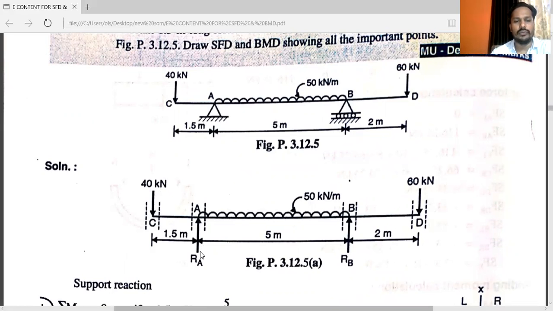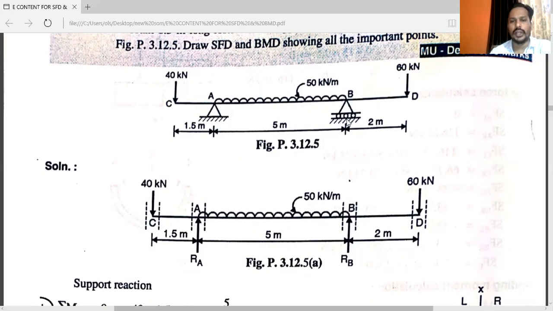But here we are taking only vertical, no need to take horizontal, because we have to draw only shear force diagram. So vertical, that is RA. Here you can see the RB, that is also vertical.